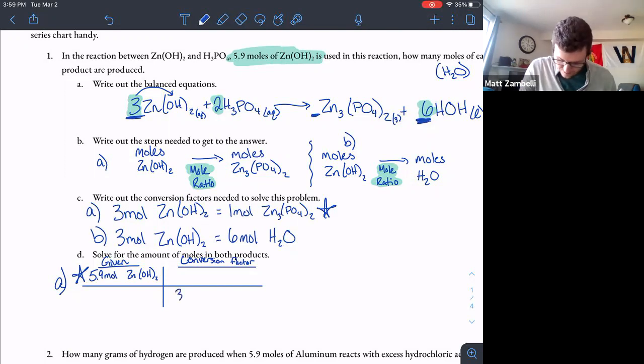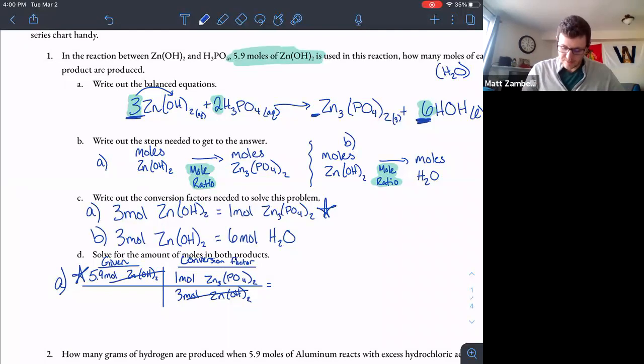So I'm gonna put my 3 moles of zinc hydroxide down here. That way those units of moles of zinc hydroxide get canceled out. And we have the 1 mole of zinc phosphate on top. That way our units turn out to be zinc phosphate.